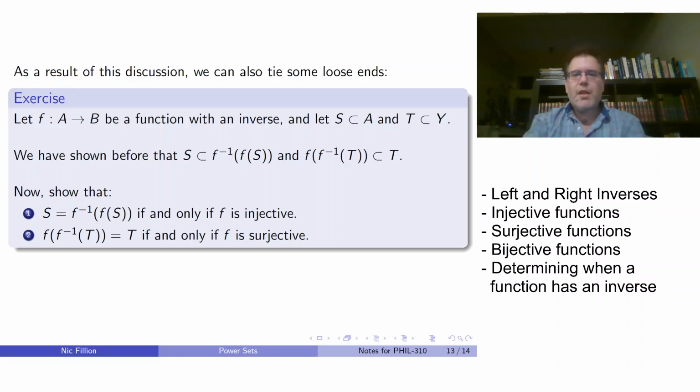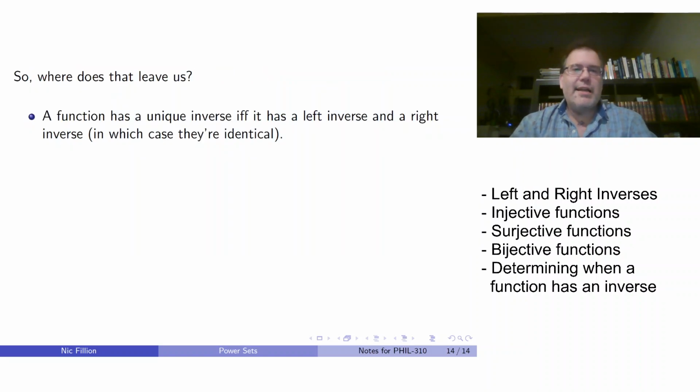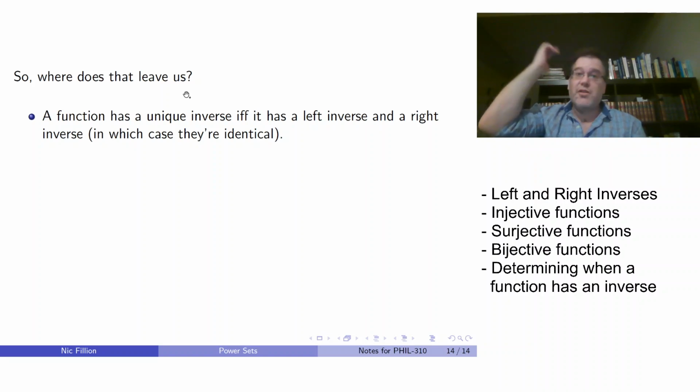Okay, so where does that leave us? Well, that leaves us with a series of facts that we have examined that helps us to figure out when it is the case that a function has an inverse, right? So firstly, if a function has an inverse, it has a unique inverse.